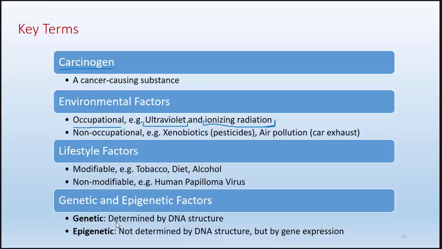So there ends up being this change in phenotype, so what physically shows in that individual, without actually a change in the genotype itself. It's almost like you can have something that is expressed in certain conditions. So again, not determined by DNA structure, but instead by gene expression, which ends up changing the phenotype, or how it's physically displayed.